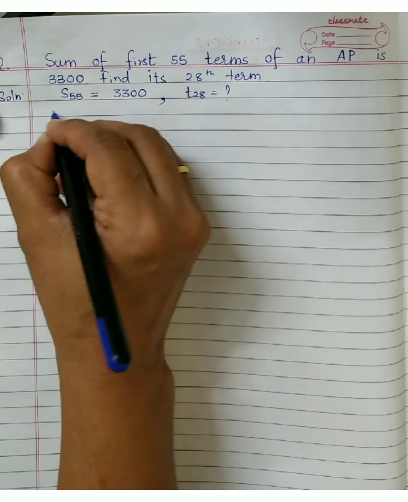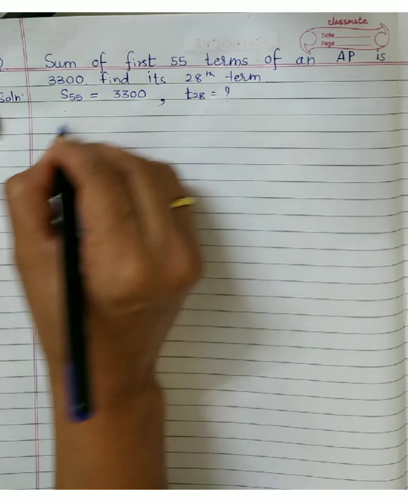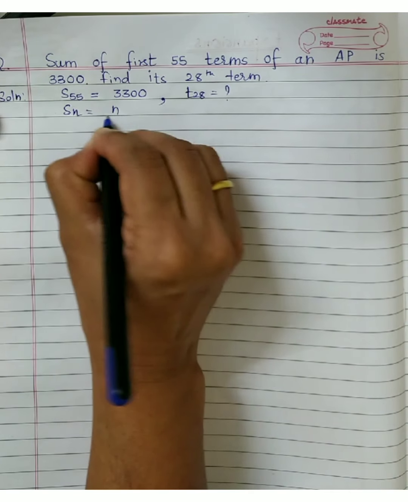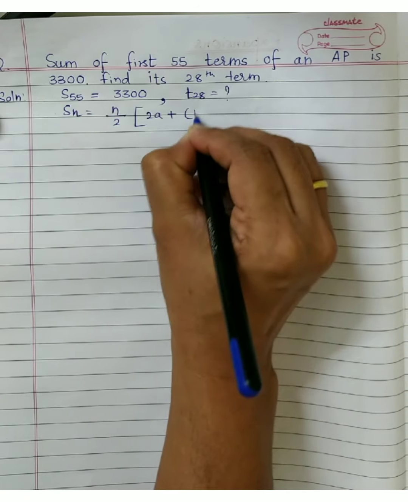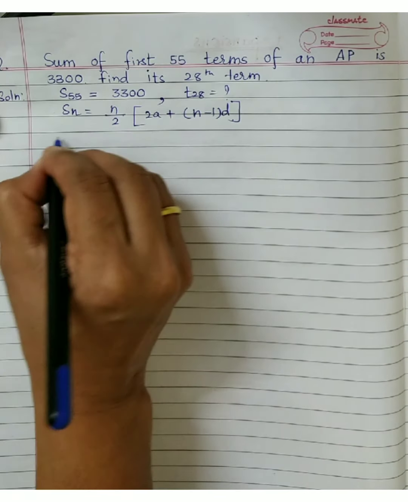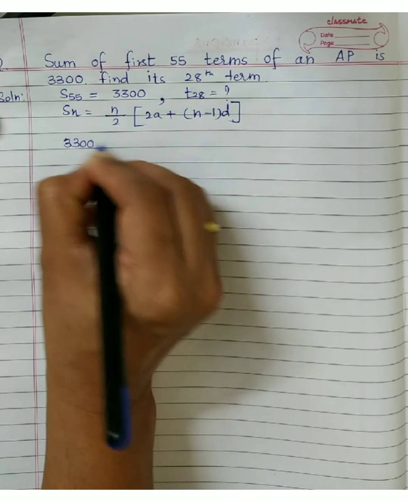Let the first term be A and the common difference be D. Okay, so what is the Sn formula? Sn is n upon 2 bracket 2A plus n minus 1 into D. Here S55 is given to us as 3300.